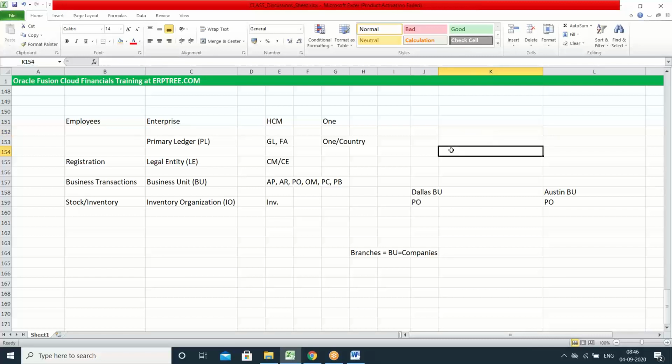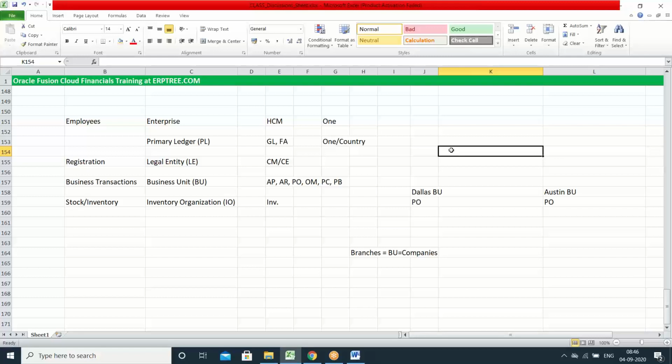If the client is running the business in 2 countries, how many registrations, how many legal entities do we have to create? Directly you cannot answer. You have to ask the question: okay, the client is running the business in 2 countries, but tell me how many registrations they have in the 2 countries. No one can say they are running the business in 2 countries, but they have 1 registration.